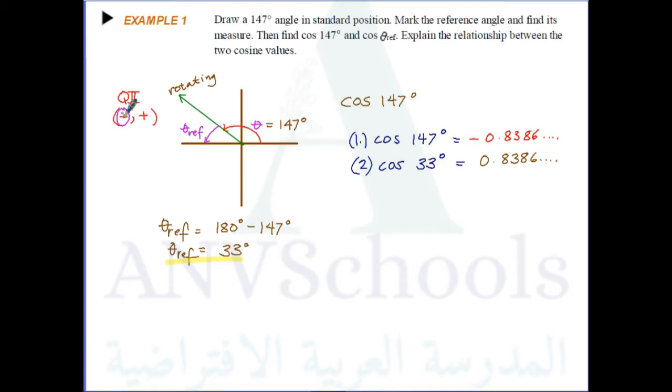Whereas when we take the cosine of our reference angle, since our reference angle is 33 degrees and it's always a positive acute angle, then getting our cosine of 33 degrees will always give us a positive value.